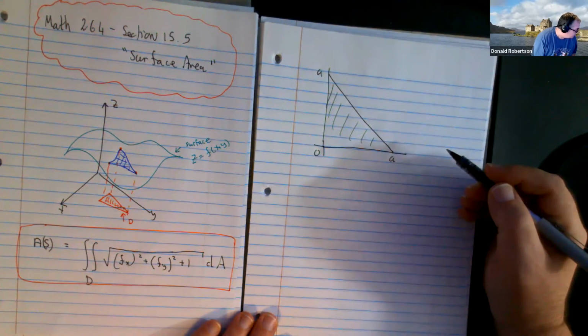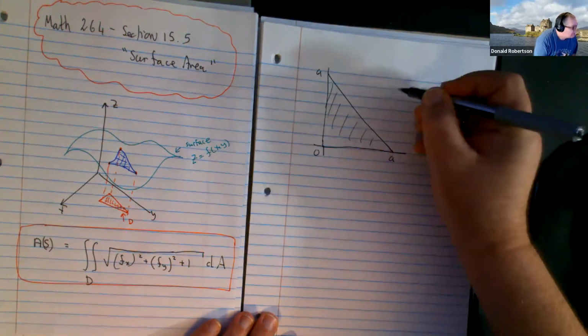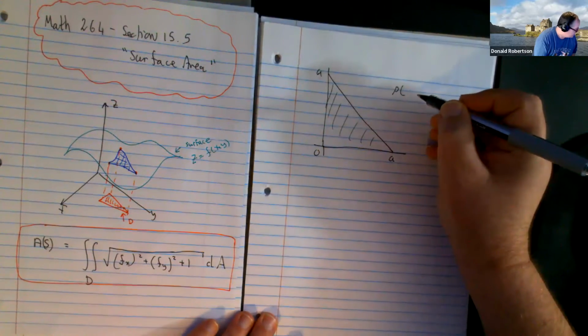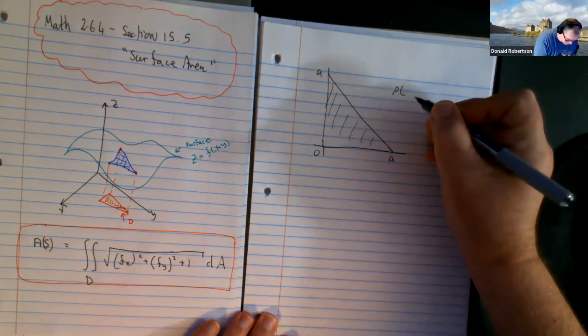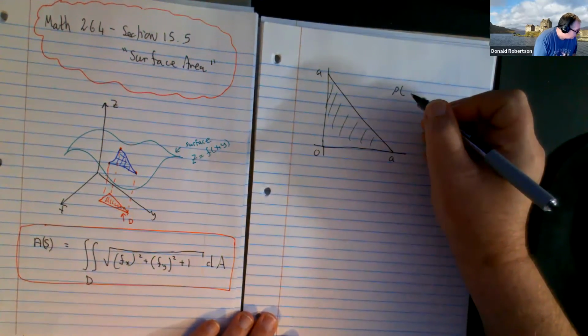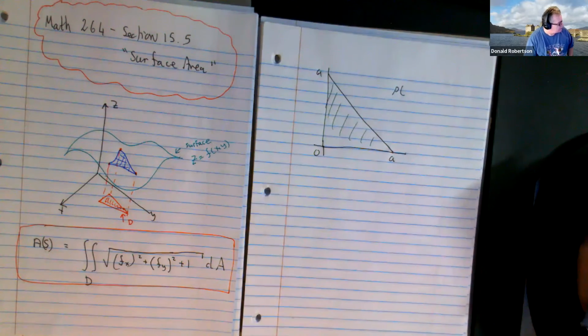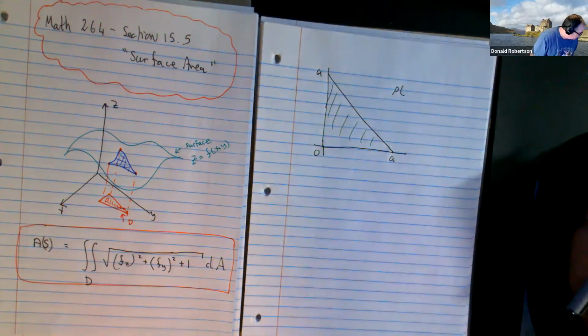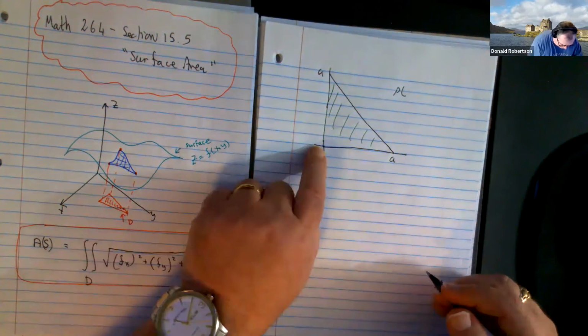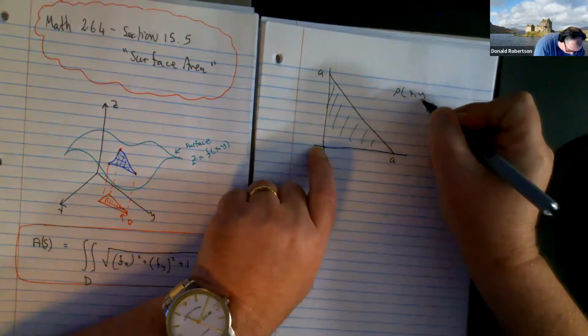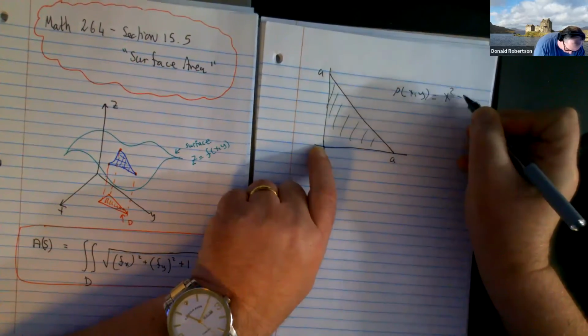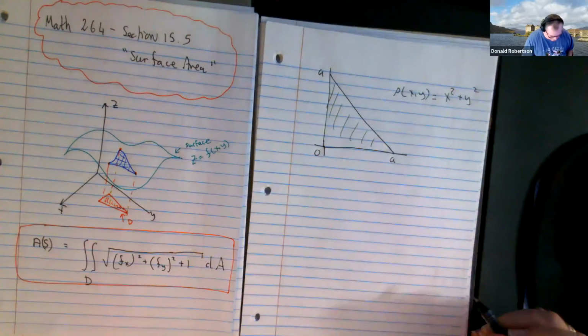And the density function is proportional to the square of the distance from the vertex to the opposite hypotenuse. Let me read that. From the vertex to the opposite hypotenuse. Oh, they must be talking about this guy. Okay, so the density function is the square of the distance. It's just the way they phrased it confused me. Right.